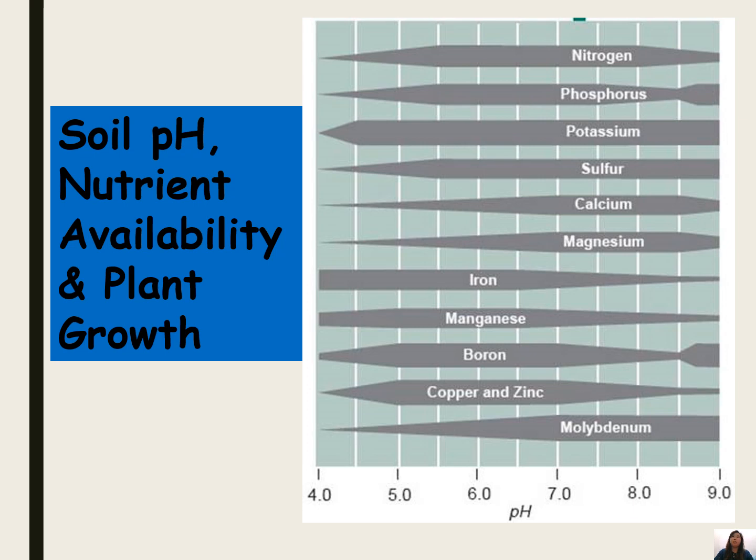For example, nitrogen becomes limiting when the soil pH is lower than 5.5, and another example is that iron becomes limiting starting at pH greater than 7. So that is how you can use this pH scale of soil pH relationship with nutrient availability.